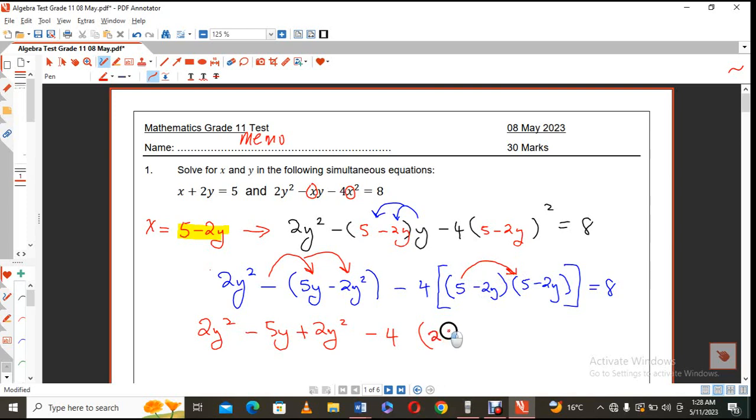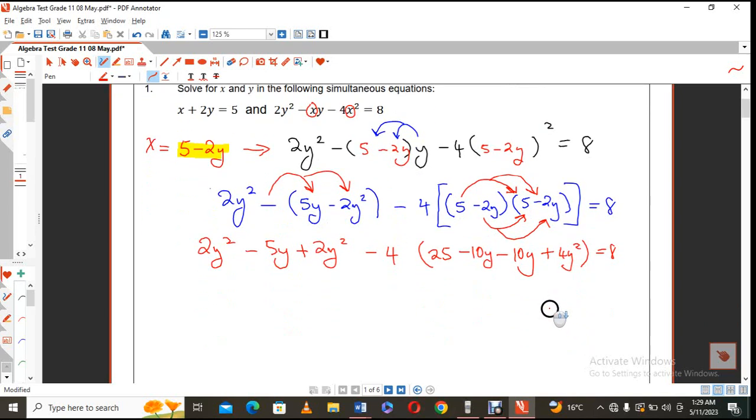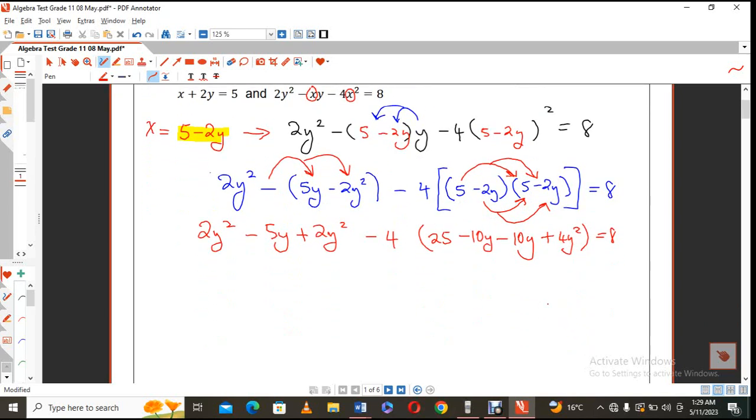That is 25, and 5 times minus 2y, that's minus 10y. And the second term of the first bracket, do the same, multiply with each term in the next bracket, and a negative times a negative gives you a positive, and 2y times 2y is 4y squared. Let that equal to 8. Step by step, very careful that you do not make mistakes.